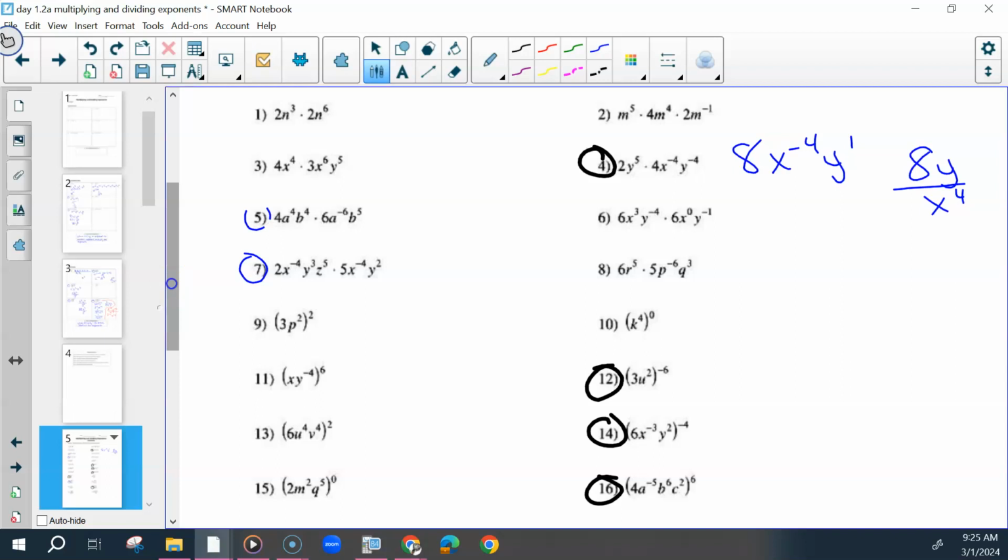Multiply the 4 and the 6. Add the exponents, so 4 minus 6, or 4 plus a negative 6, would give us negative 2. 4 plus 5 would give us 9. And then the 2 would come down. So 24 b to the 9th over a squared would be that final answer.